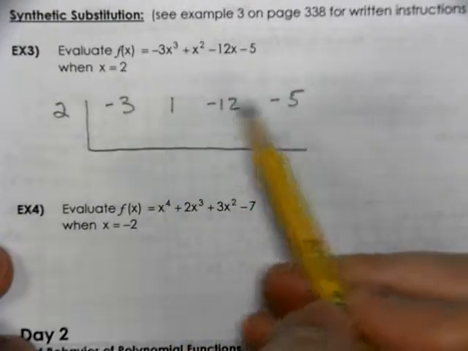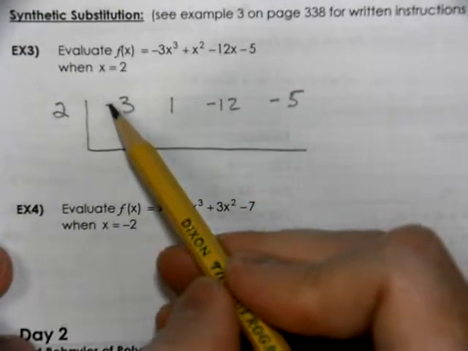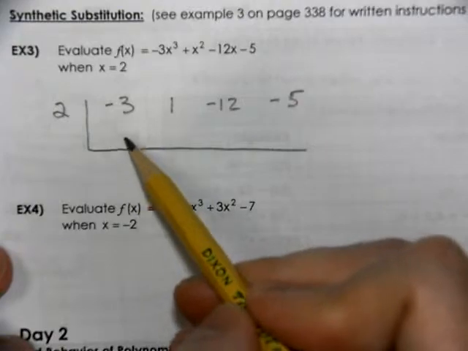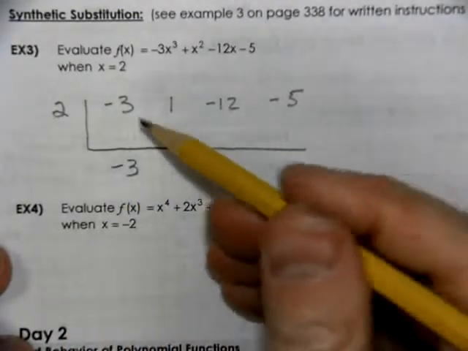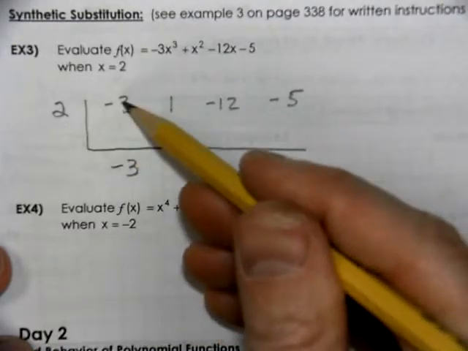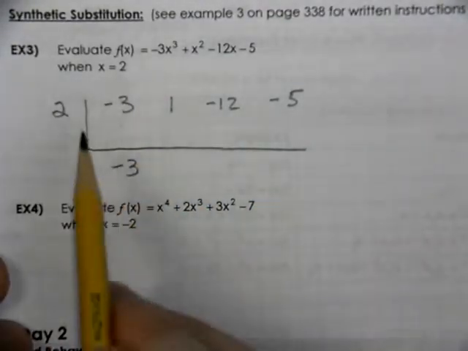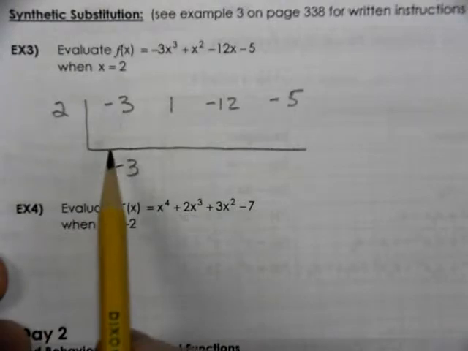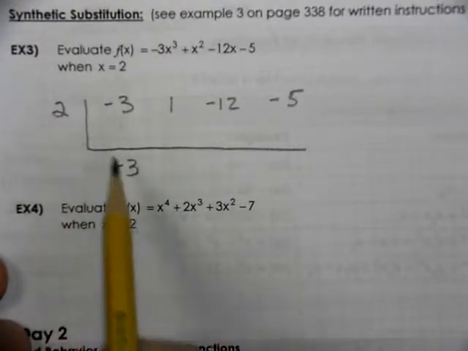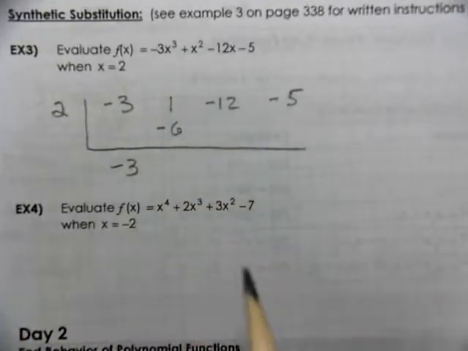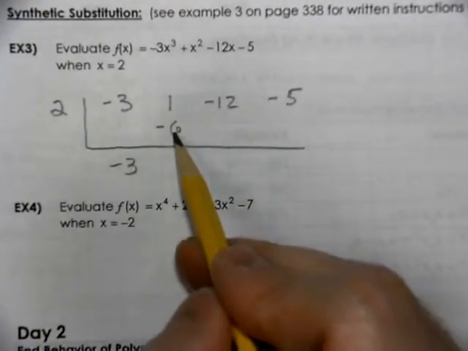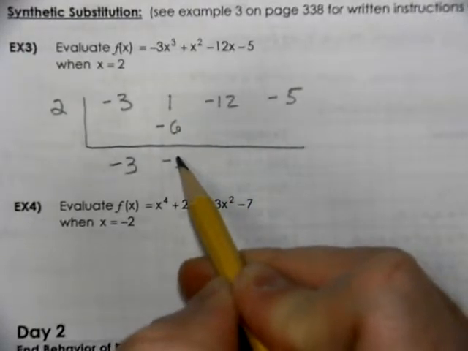Now we're going to take each of our numbers. We're going to take the negative 3, add it to nothing, which makes negative 3. So essentially you bring it down because there's never anything there. Then we're going to take the 2 and the negative 3. We multiply those together to get negative 6. We add the 1 and the negative 6 to get negative 5.